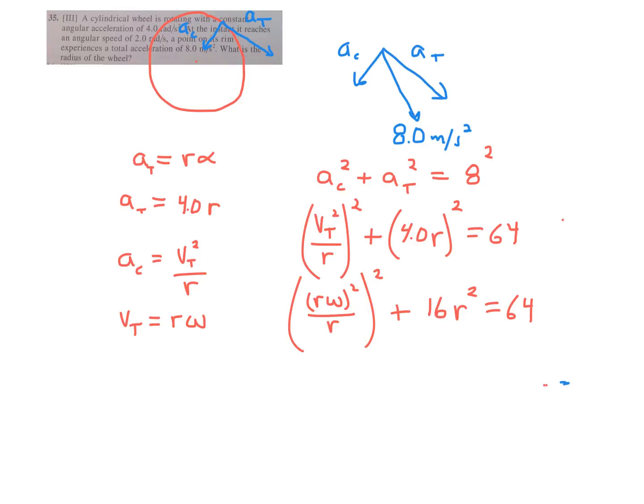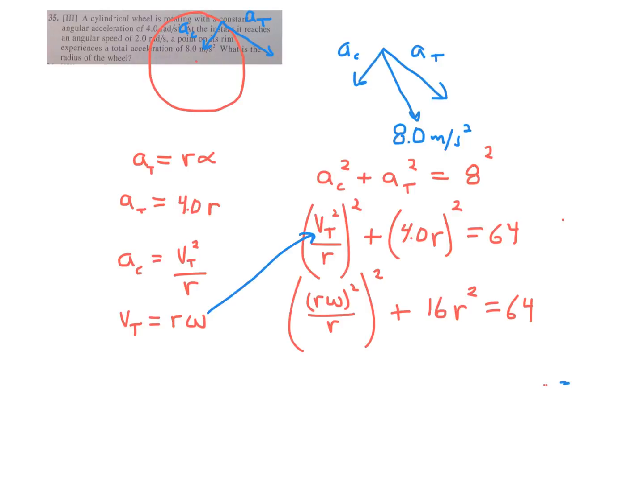Over here on the left, it's kind of fun because v tangential is r times omega, a relationship that we have over here. So I'm taking this r omega and plugging it in for v sub t.